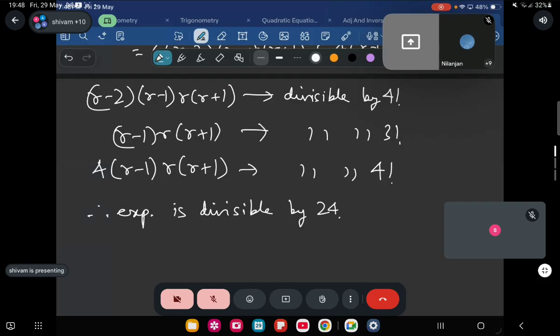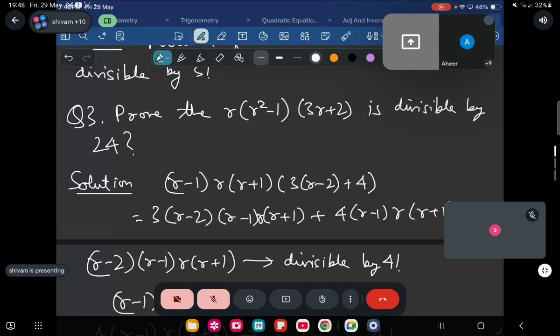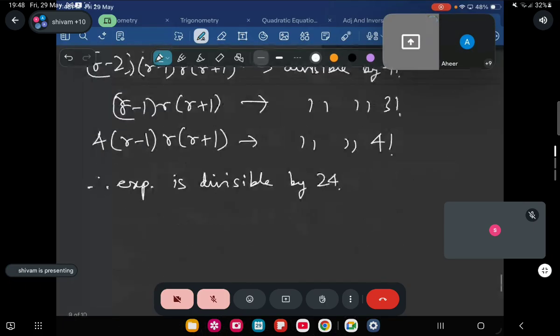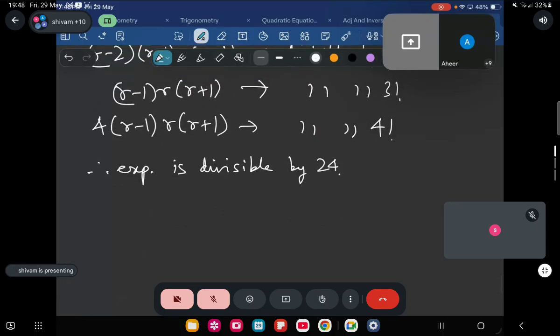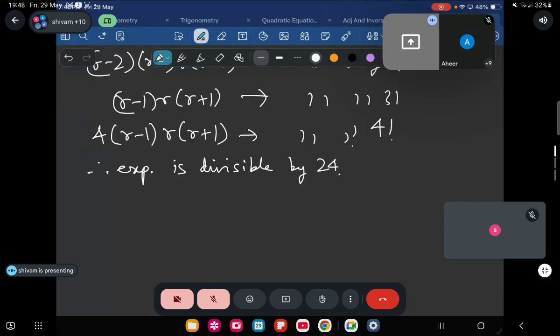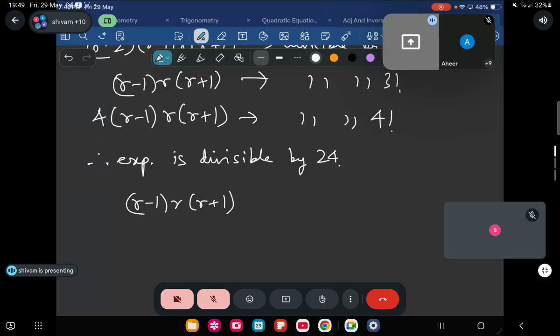Okay. Sir, next, we could have also broken 3r plus 2 into 2r plus r plus 2. Okay, sir, how? So that would be cool. Let's see. So I've got r minus 1 into r plus 1, and this can be written as 2r plus 2.